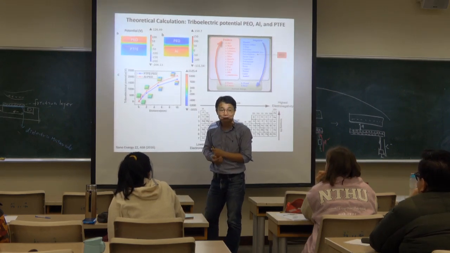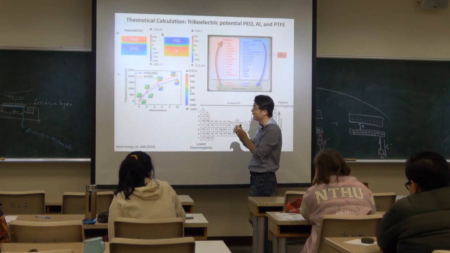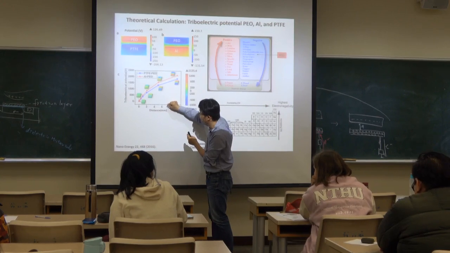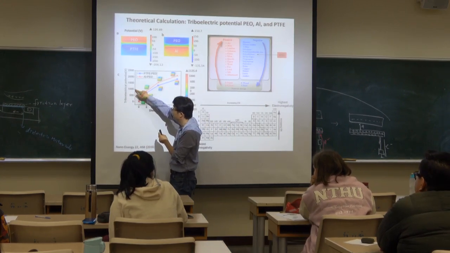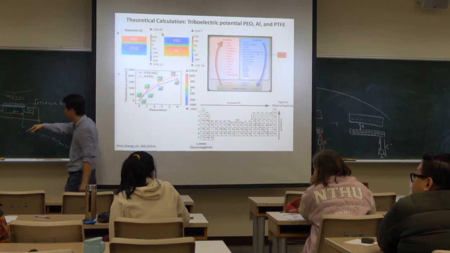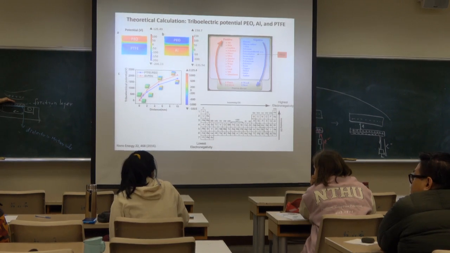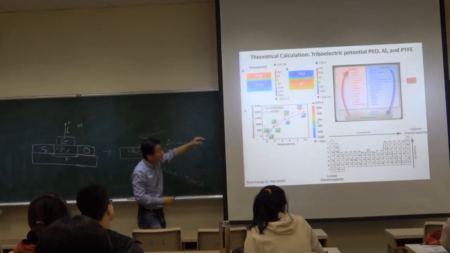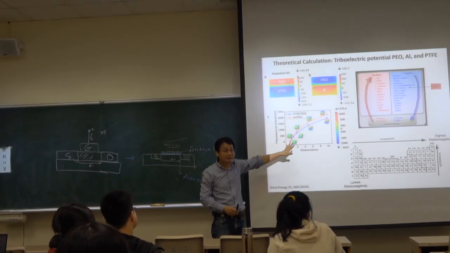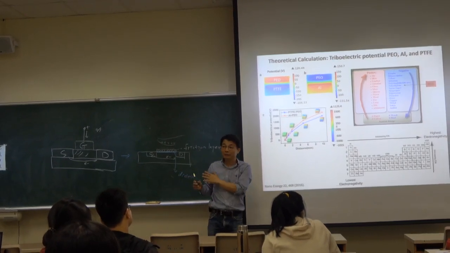So this simulation tells us we can use the distance modulation to manipulate the tribo potential. So if I progressively contact or separate, this tribo potential will be modulated. Once this has been justified, that means the experiment might be able to do it.